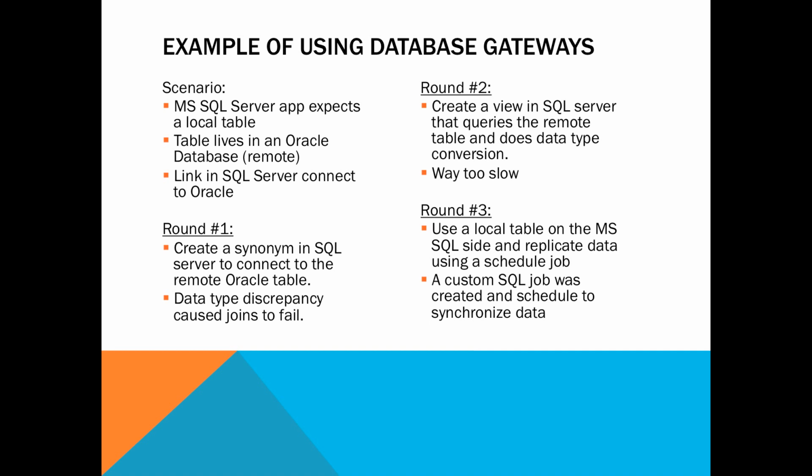The third and final attempt that we took was to create a custom SQL job that was scheduled to copy the data across from one database to the other. We tried a number of different approaches as far as how to make that work. We found that the fastest approach was to copy the entire table at the beginning of the process. The data went into a temporary table.